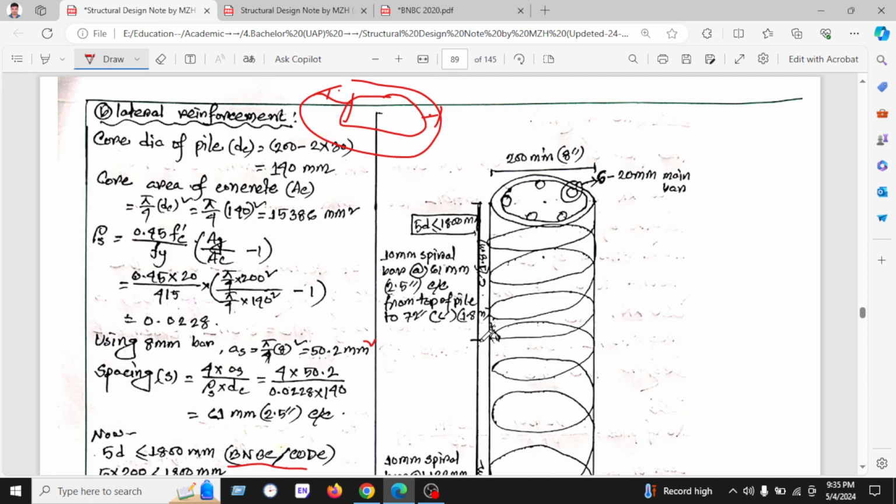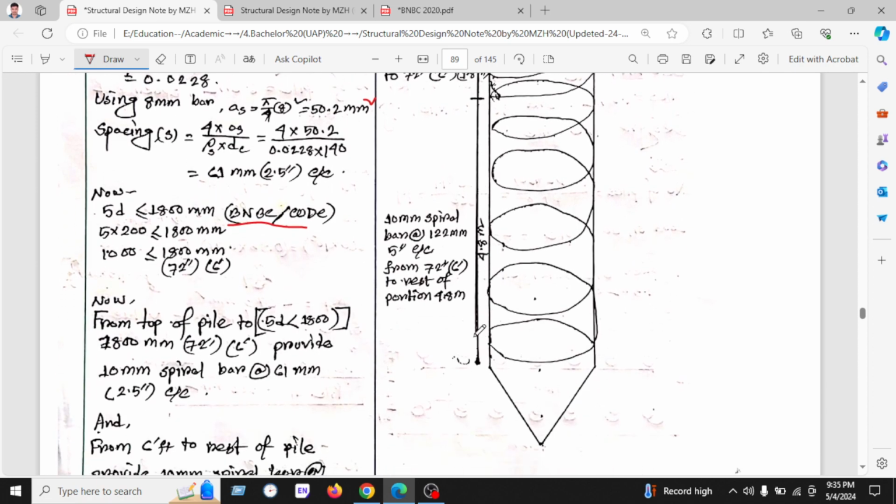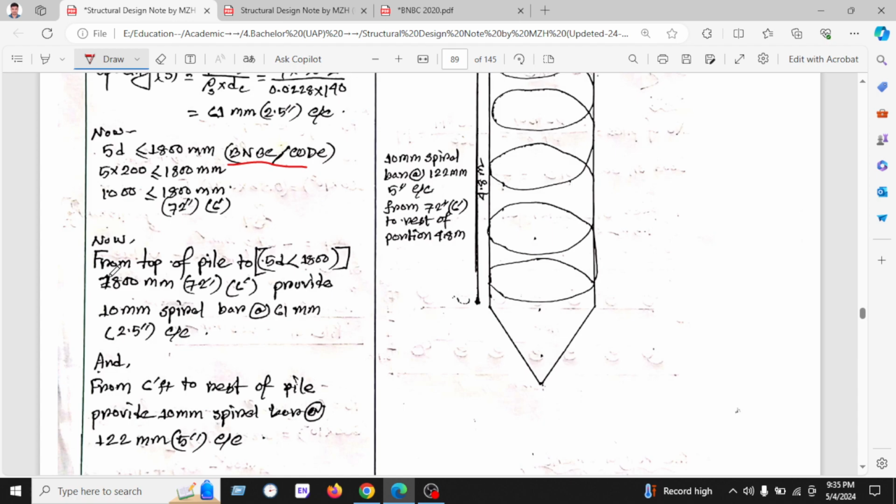This is the spiral dia or lateral dia, and so now we can say that from the top of the pile to 1800 millimeter, which is 6 feet, we provide 10 millimeter spiral bar at the rate of 61 millimeter center to center.